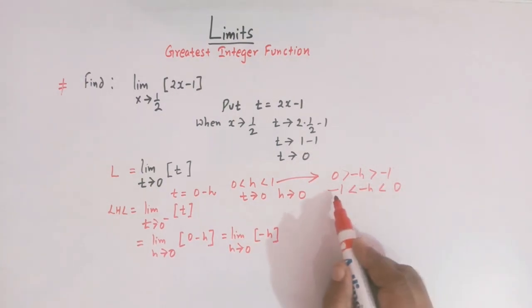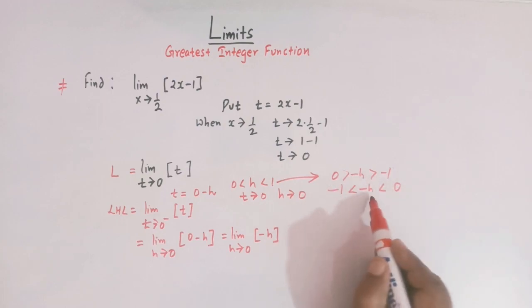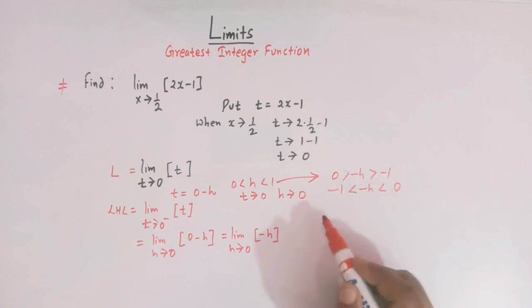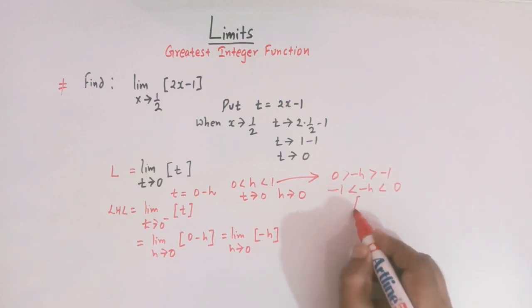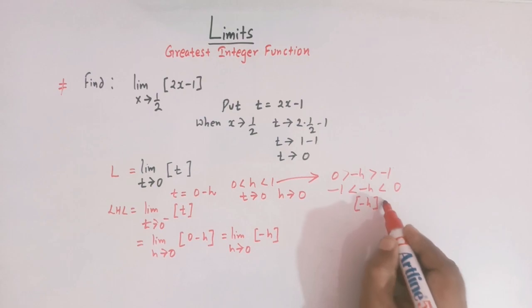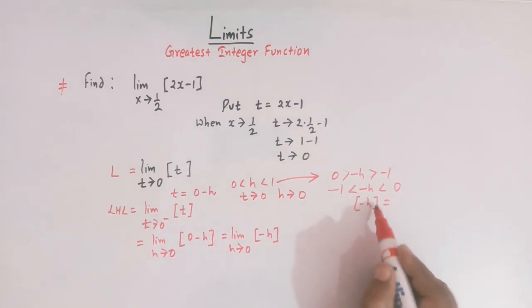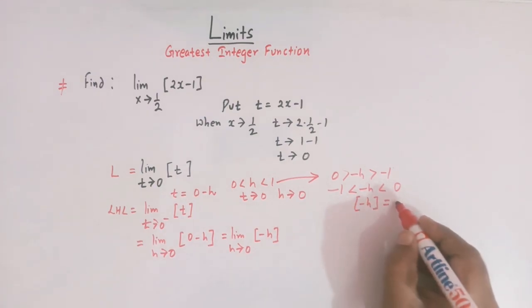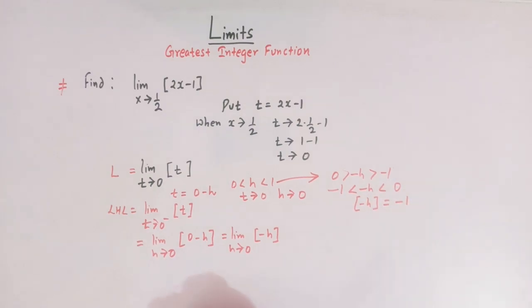From this inequality we conclude that minus h lies between minus 1 and 0, and from the definition of the greatest integer function, the value of the greatest integer of minus h should be equal to minus 1.